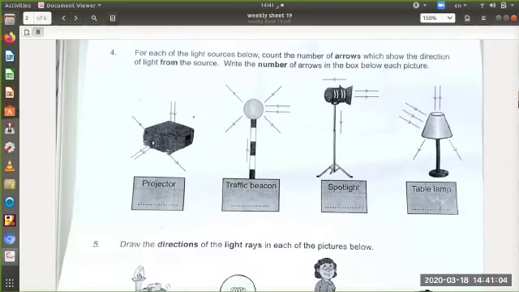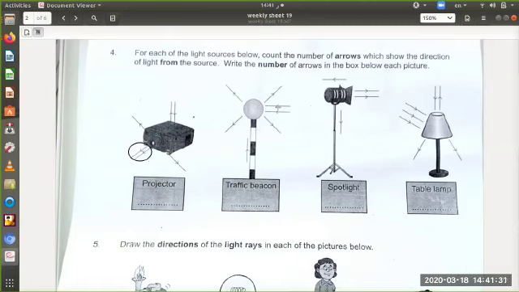For each of the light sources below, count the number of arrows which show the direction of light from the source. Write the number of arrows in the box below each picture. For the first picture, the projector, we have 2 arrows traveling from the light source.